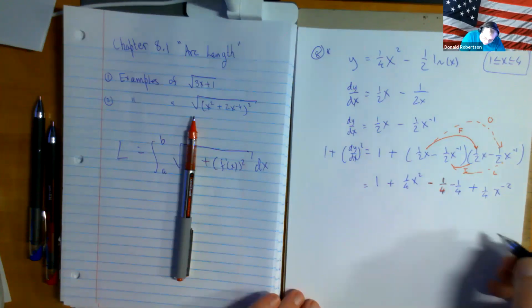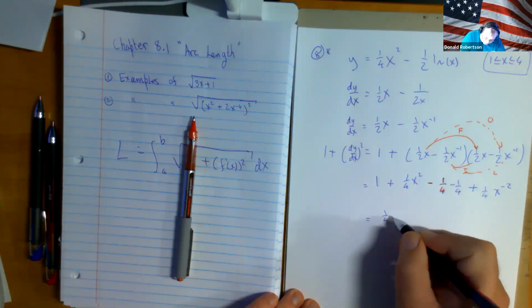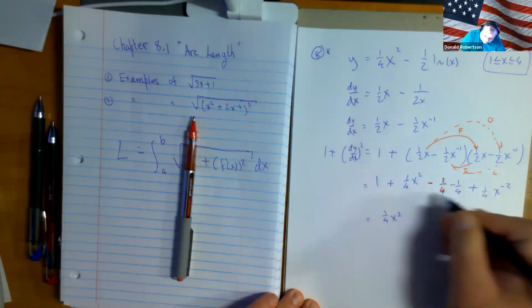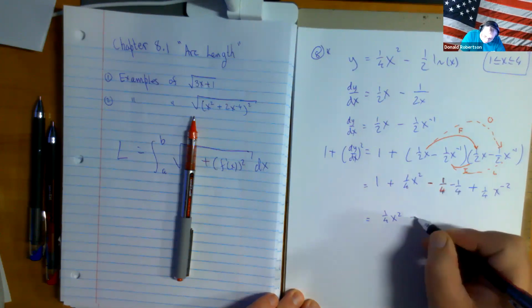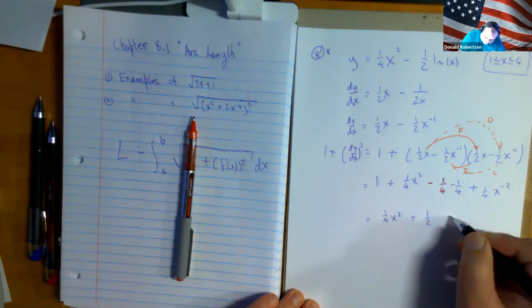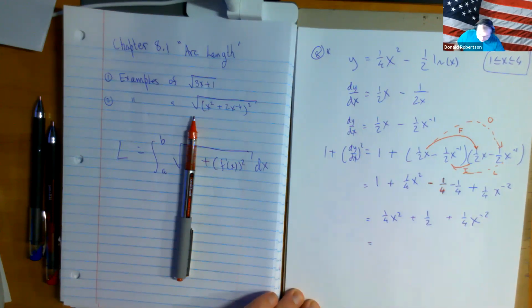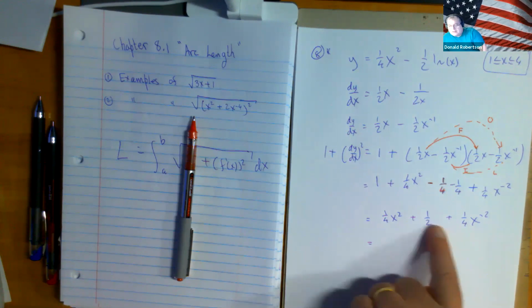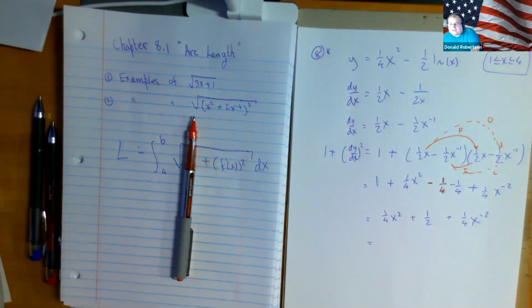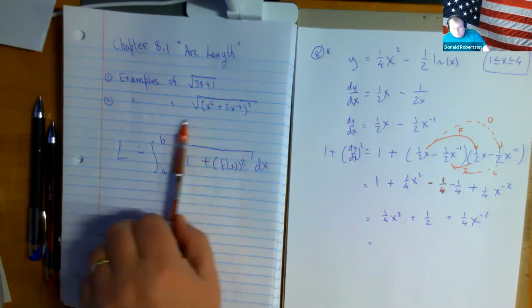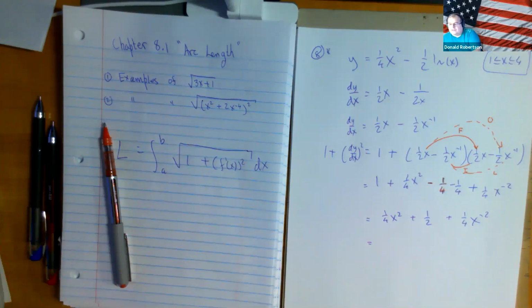Okay, now you tidy everything up. And that 1 and that -1/2 ends up being plus a 1/2 in the middle. And you get that. Hey, we have 3 guys that are going to be inside the square root. 3 guys inside the square root better be a perfect square.